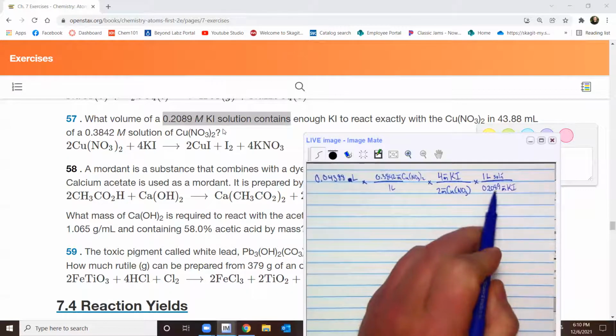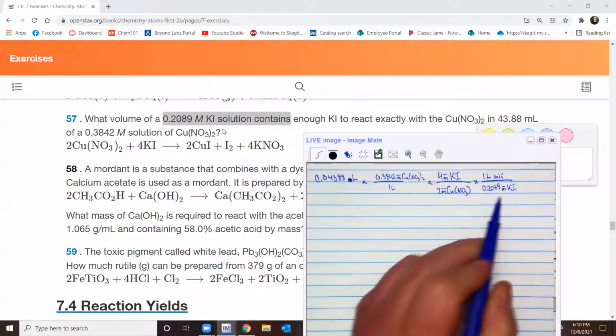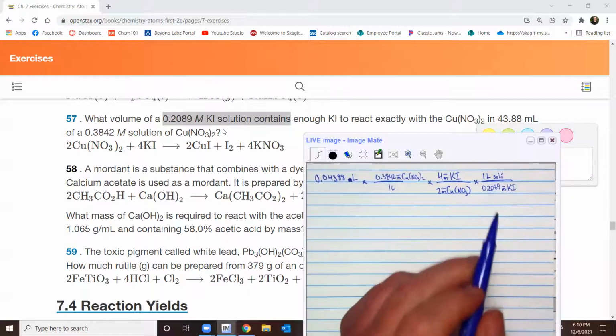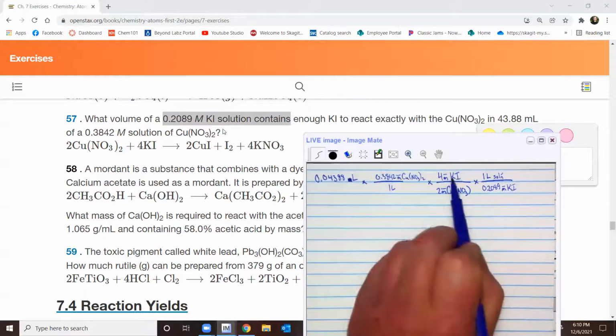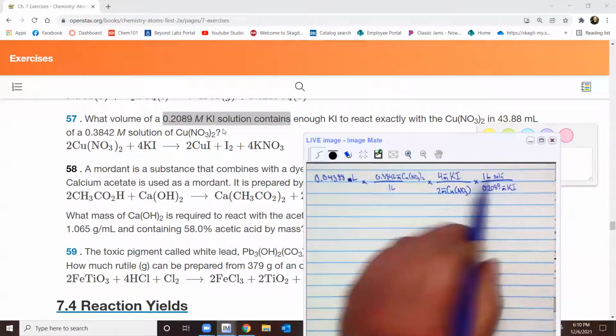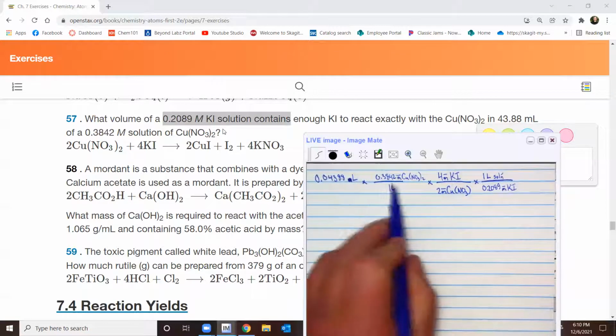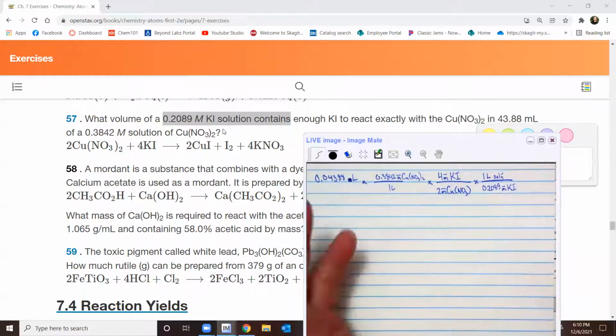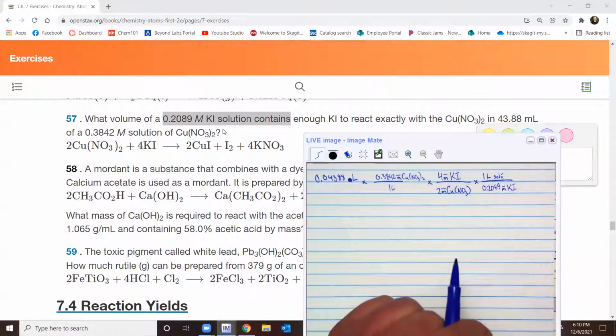Now, this is a weird way to use that concentration, but concentration is a conversion factor. We can use it to convert from an amount of stuff into a volume, or we can use it to convert from a volume into an amount of stuff. We've done it both ways in this problem.